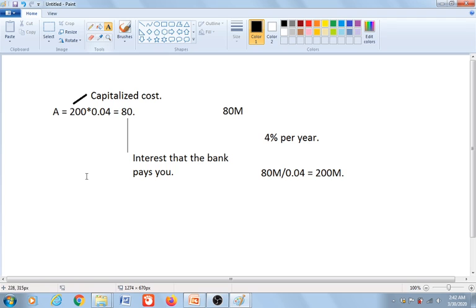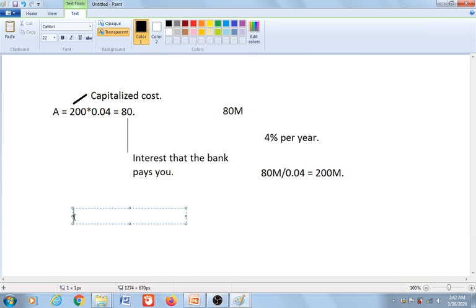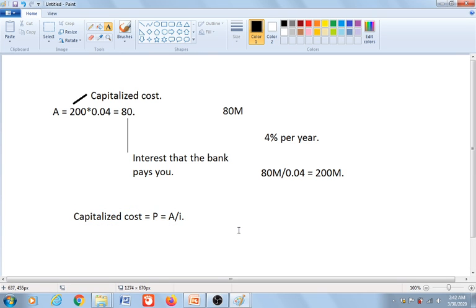So the equation to calculate the capitalized cost: the notation for the capitalized cost is P, and that P is A over i, where i is the interest rate per year. So why is the capitalized cost P?